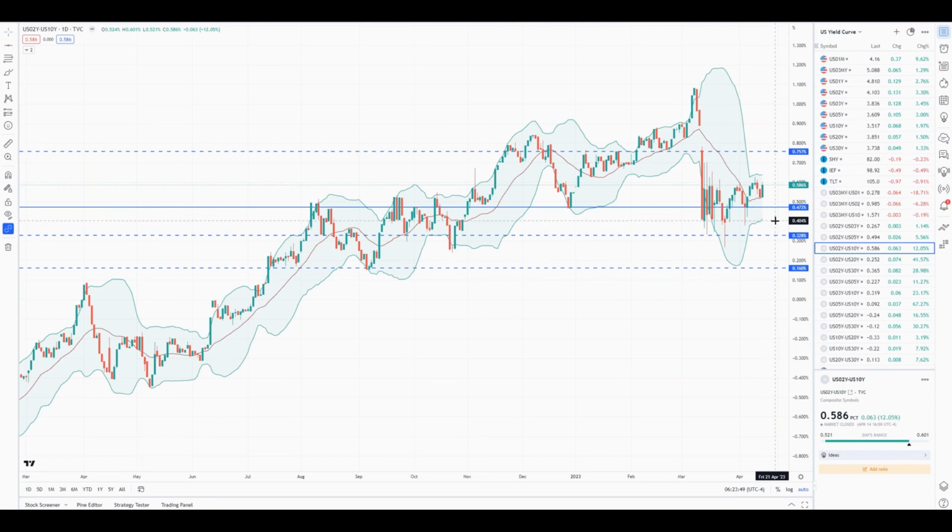If we look at what happened last week, we can see that we just were not able to break through these levels and continue down. Why?